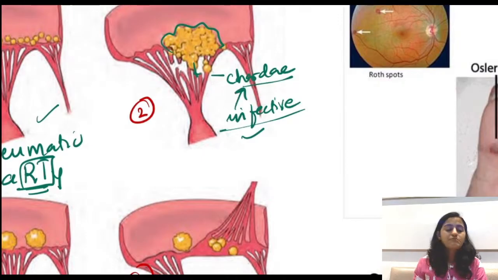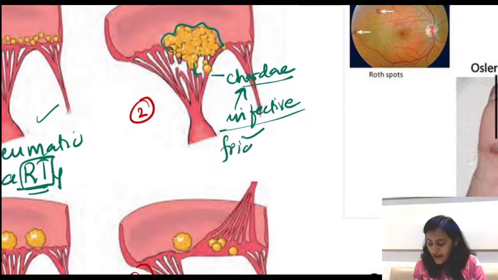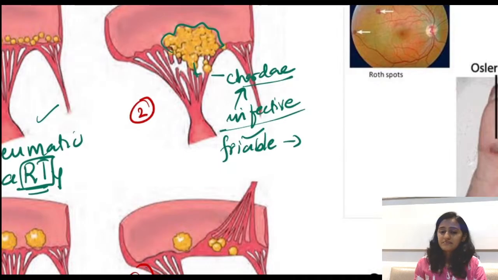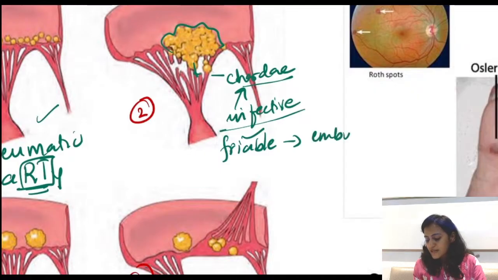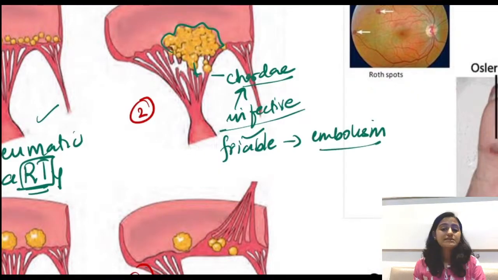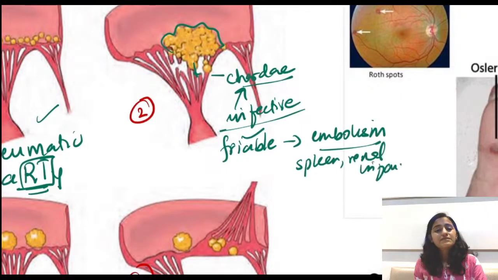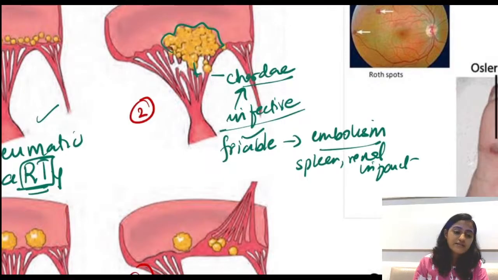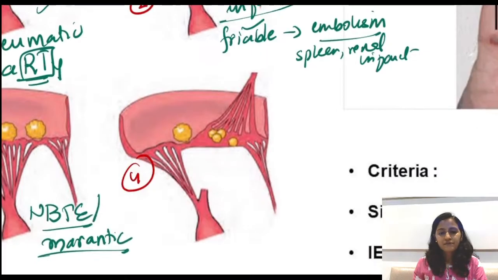This is a very, very important clue for infective endocarditis. They are large, friable vegetations. When I say they are friable, that means they will break and they will embolize, so you see a lot of features of embolism everywhere. There can be splenic infarct, there can be renal infarct that we can see with infective endocarditis. So remember that it is friable.